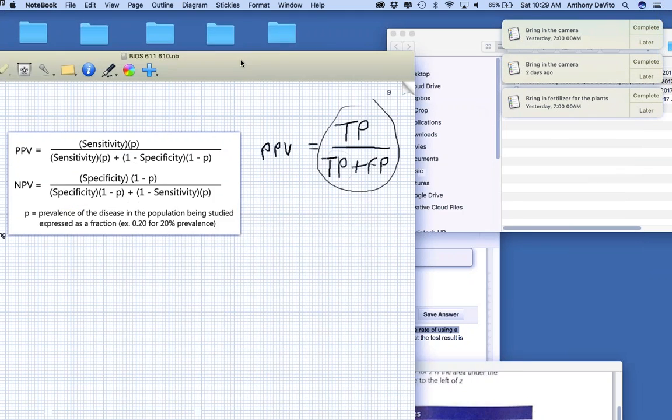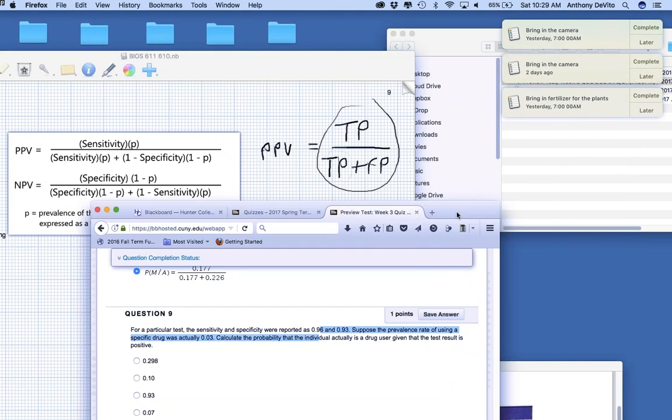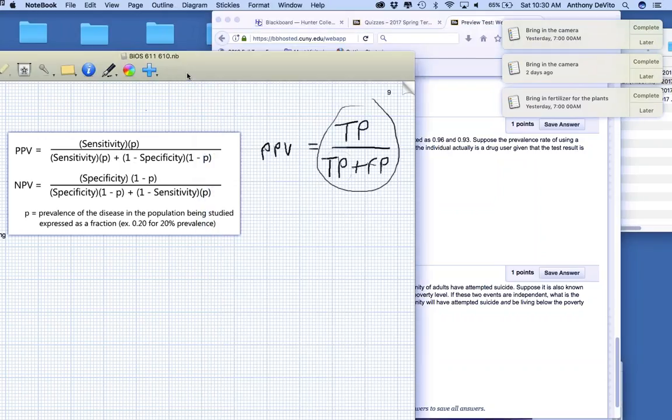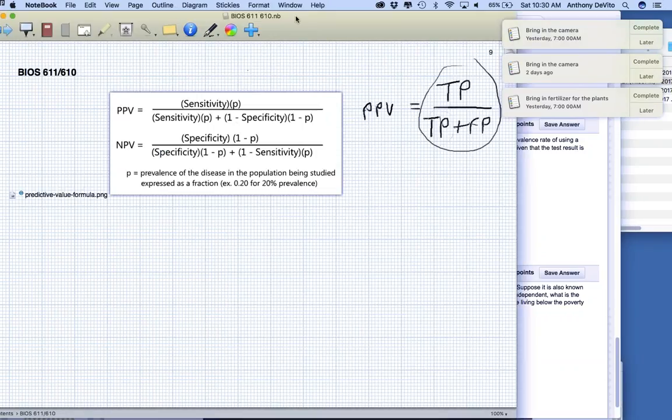Okay, so let me first look up all of these values. Sometimes it's going to be easier to use the first way that I described to you, and sometimes it might be easier to use this. So the sensitivity is 0.96 and the specificity is 0.93. I'll write that down.